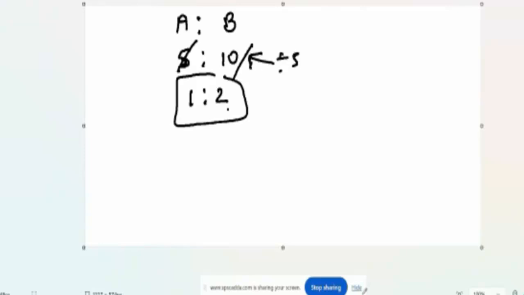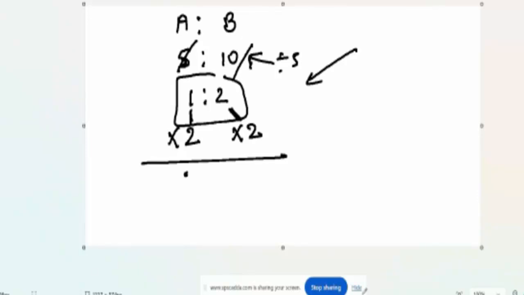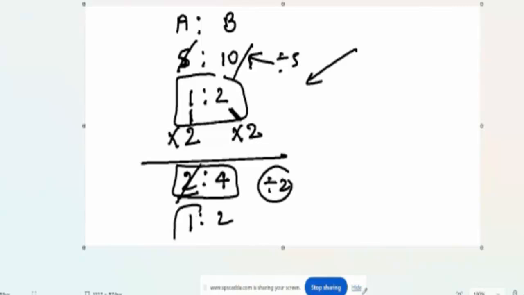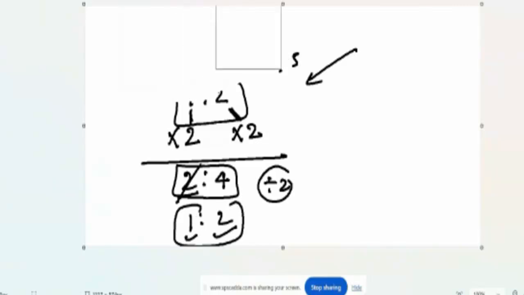If you multiply this 1 by 2 and this 2 by 2, it remains in the same ratio. If we divide both by a same number, it comes to 1 and 2. So the result will be the same. No matter which number you multiply by, the ratio stays the same.